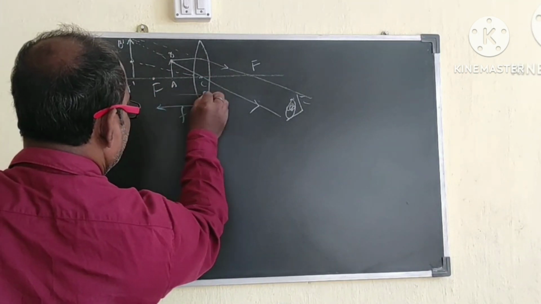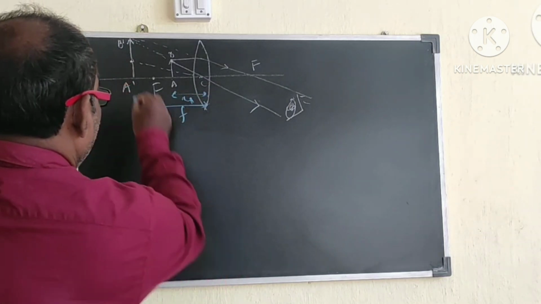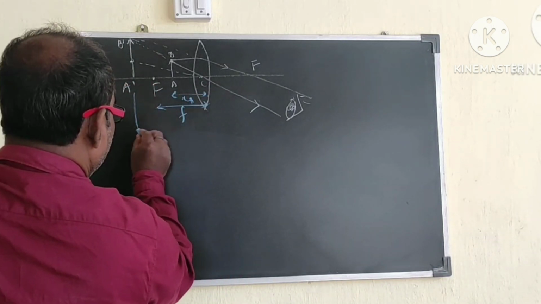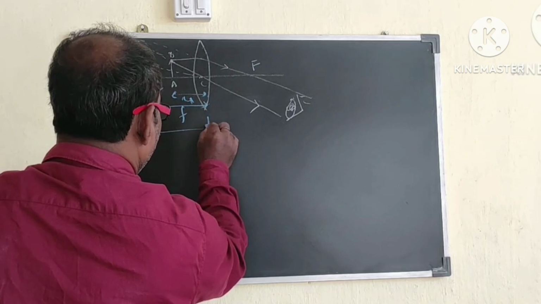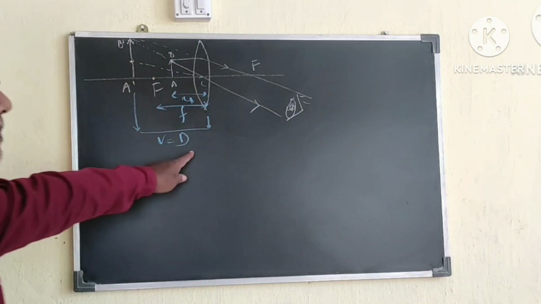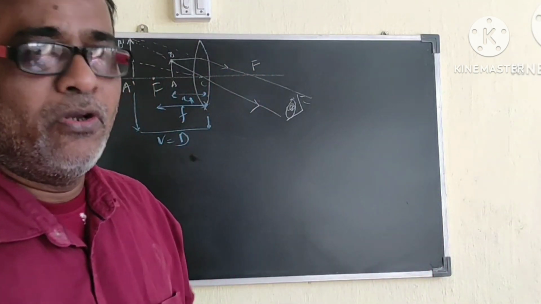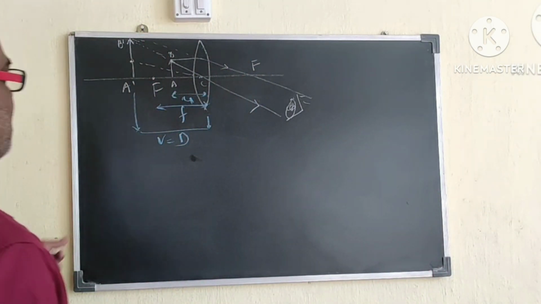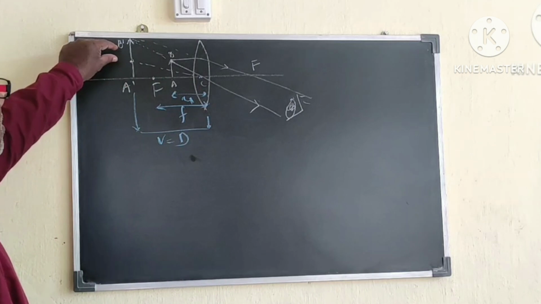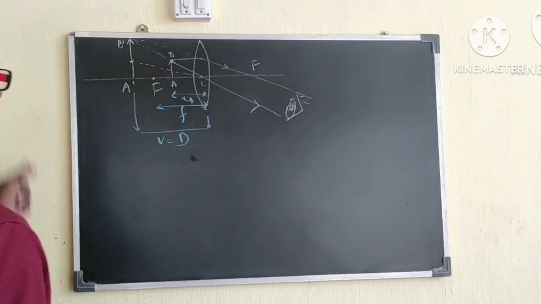So this distance you can say is U, and this is the image which is formed at the least distance of distinct vision. We can write it here as D. Capital D means the least distance of distinct vision. Now what happens is that we get a virtual image which is erect and magnified.